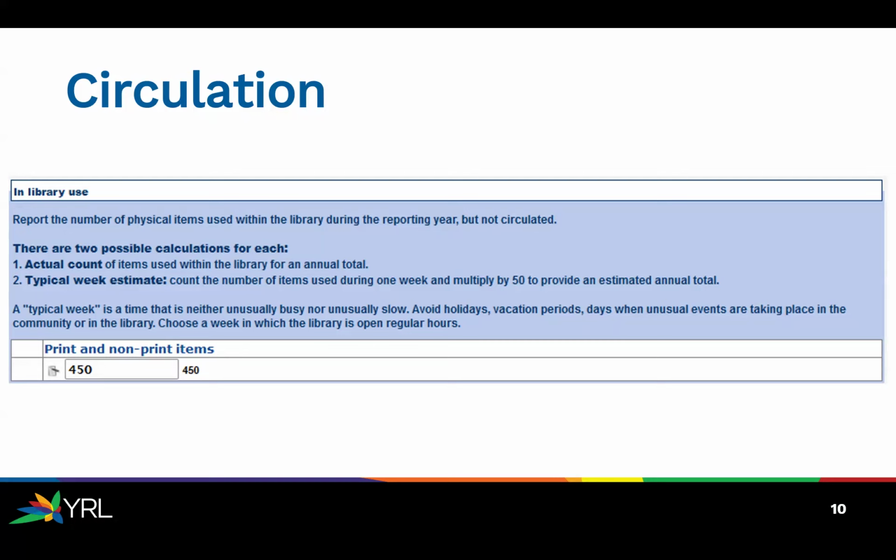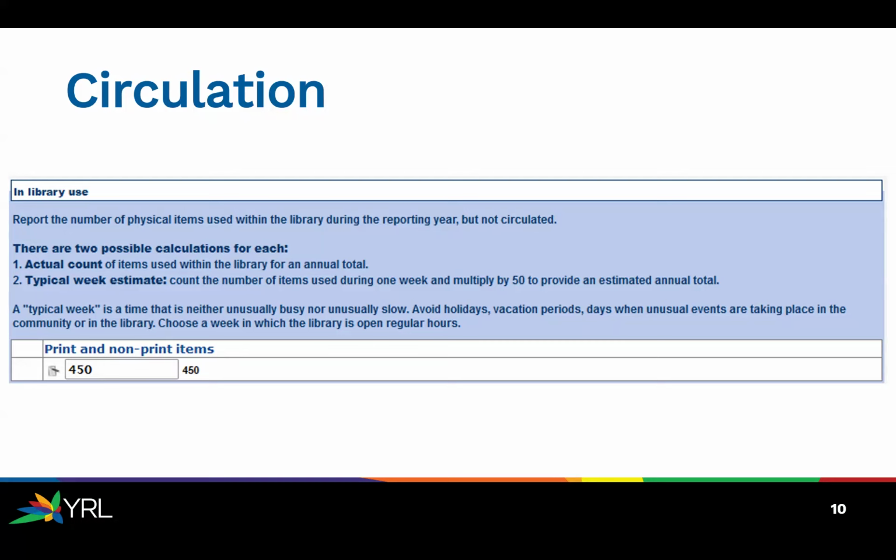If you don't use that function, and we'll talk about that function in a minute, you can do a typical week estimate. This would be just keeping a piece of paper at the desk and tallying anytime you find those in-library uses on tables around the library or anything like that. Count that up for a week and then multiply by 50 to provide an annual total.